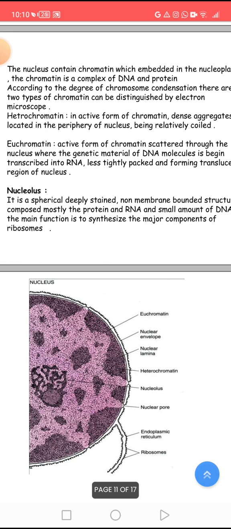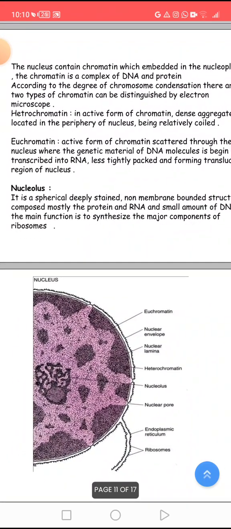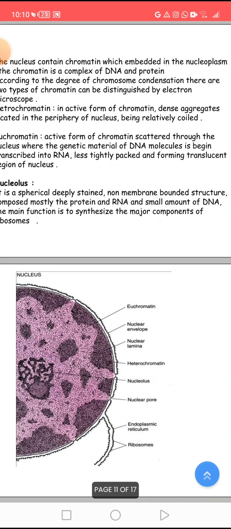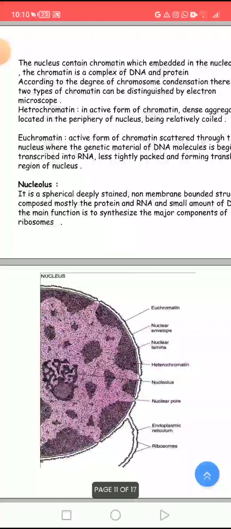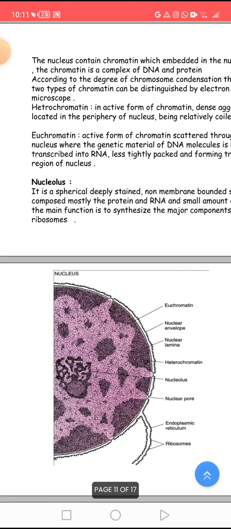But the euchromatin is active, the DNA and genetic material are in it, and transcription occurs in the euchromatin. It appears translucent and not dark when you see it under an electron microscope.